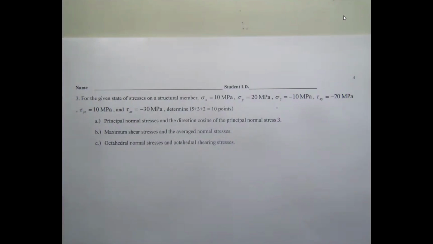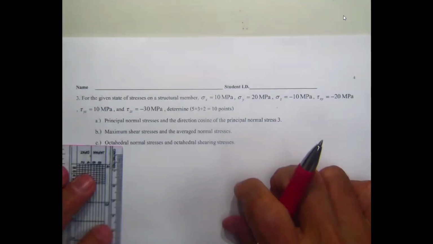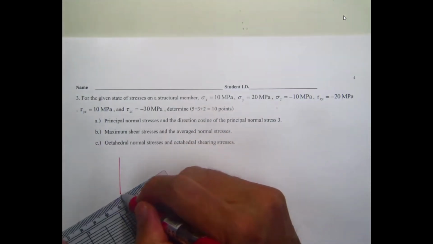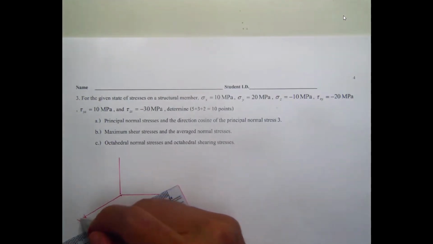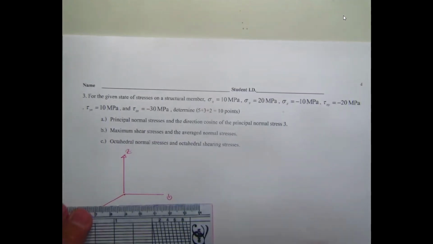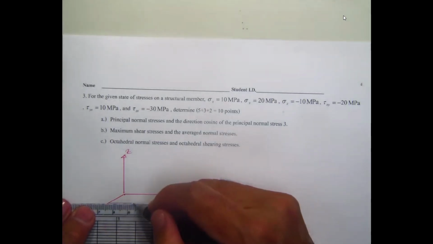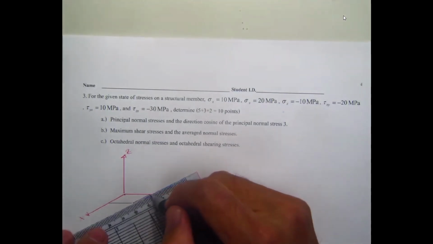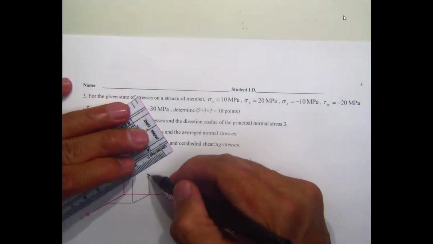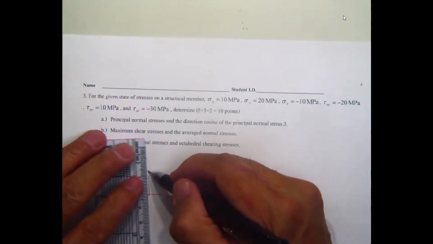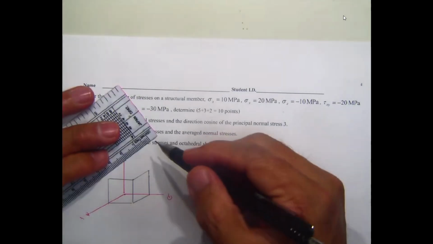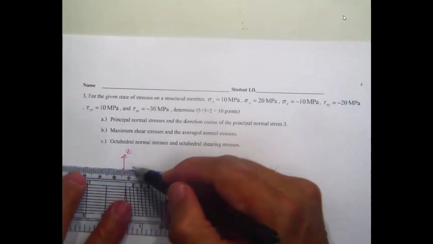We have mentioned that in our study, we may use the Cartesian reference: this is X, Y, and then C. As an engineer with a master's degree, you are supposed to be able to draw the cube to represent the state of stresses in 3D. Unlike the previous one, where we had only 2D, this one is in 3D.